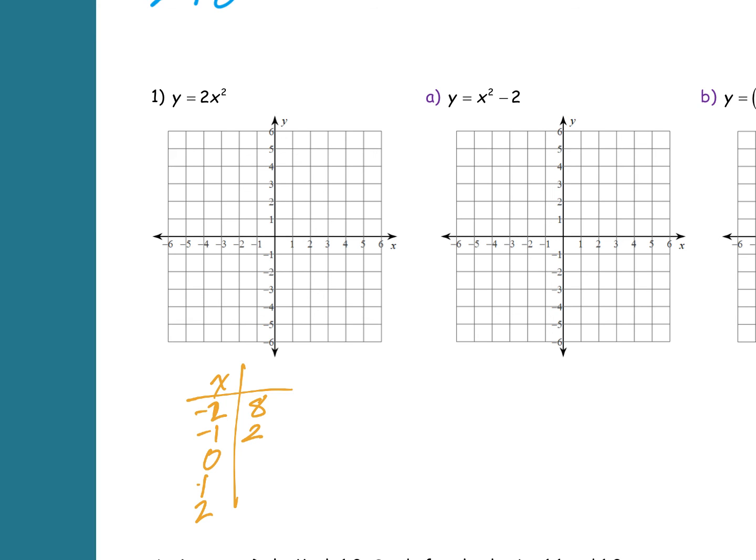Times 2. 1 squared. Times 2. 2. 2 squared. Times 2. 8. -2, 8. It's somewhere up here, right? -2, 8. -1, 2. 0, 0. 1, 2. 2, 8, somewhere up here.